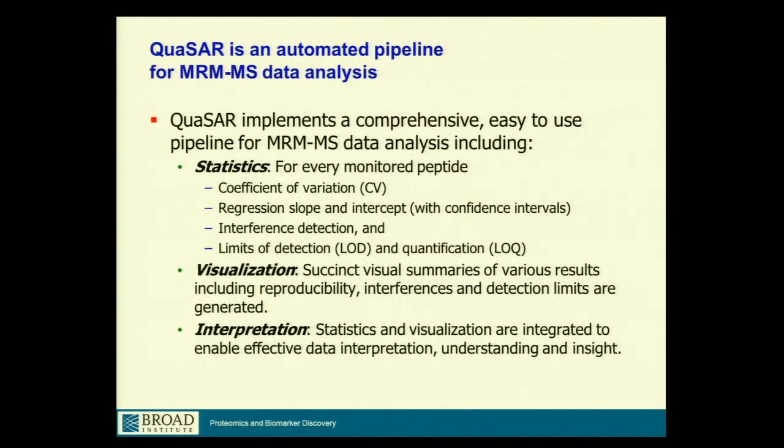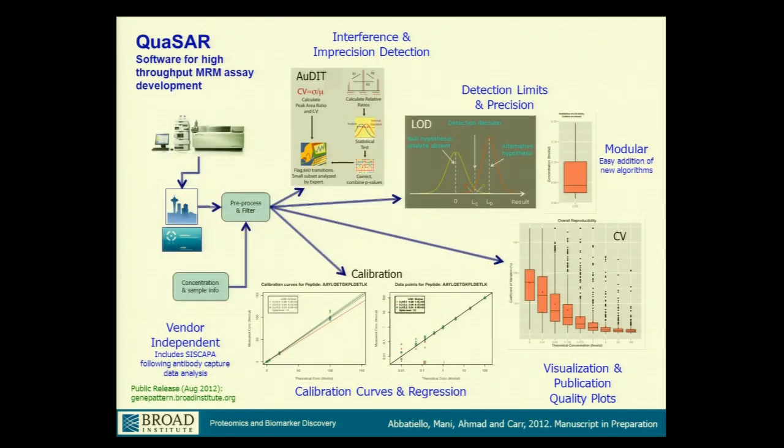So to analyze data that comes from MRM-MS experiments, we have this tool called QuaSAR. QuaSAR essentially calculates a lot of statistics, visualization, and provides a lot of information for you to look at how your assays are working and what you can say about them. So you would start with data from the mass spectrometer.